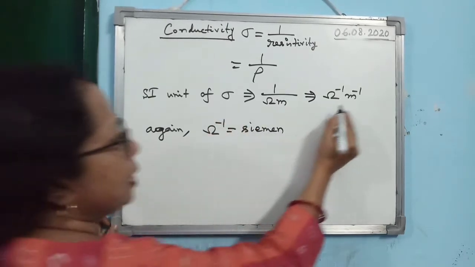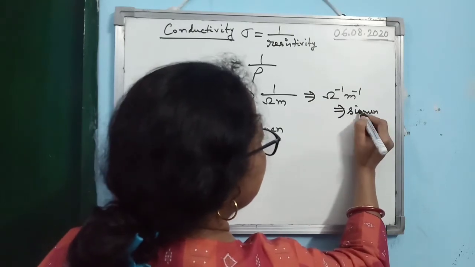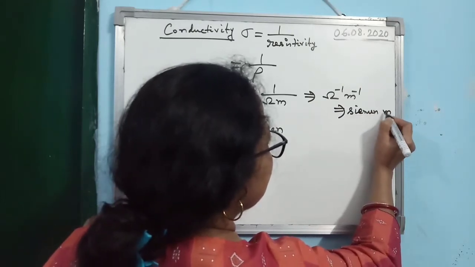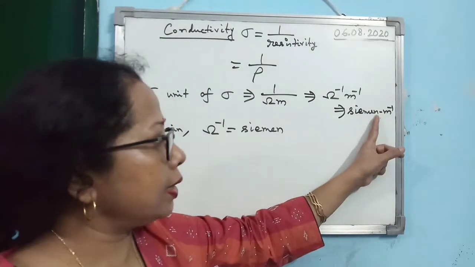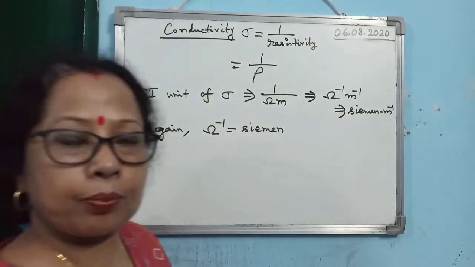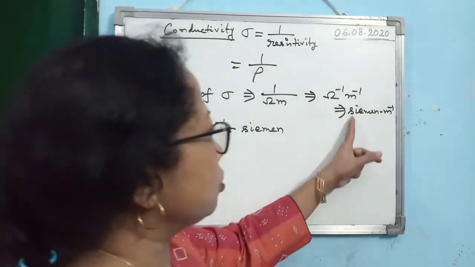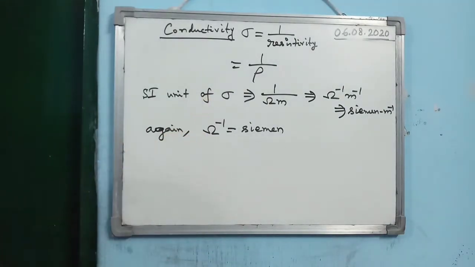So you can write it as Siemens per meter. You must put a space or a hyphen if the two units are a product when you are writing. So you can write it as Siemens per meter or per ohm per meter.